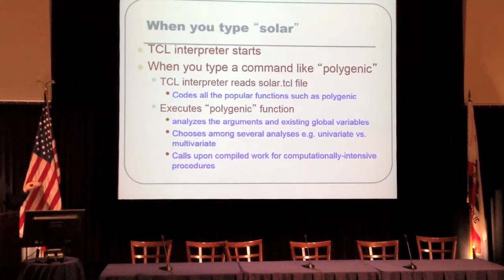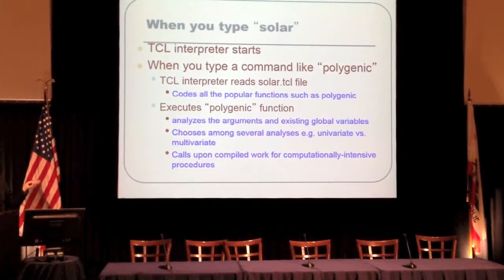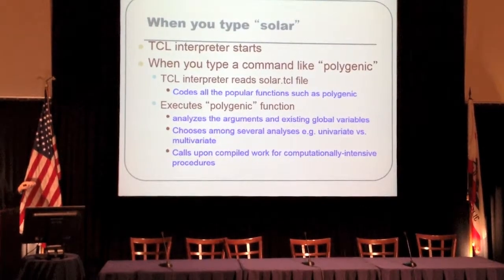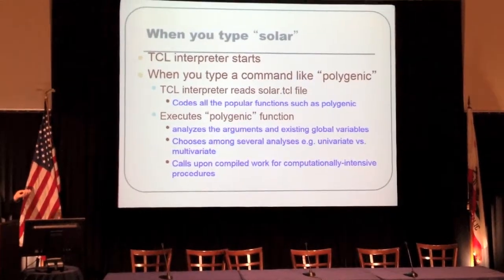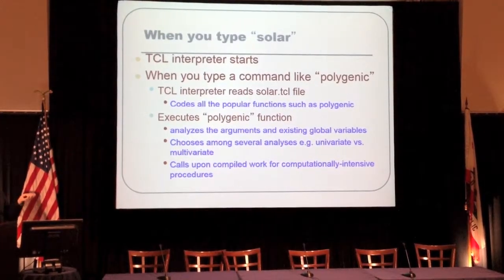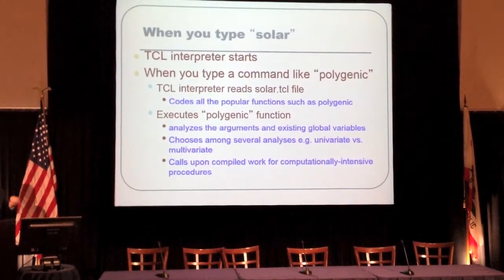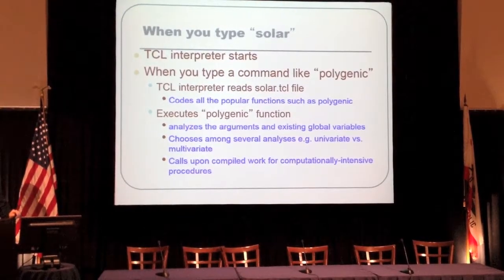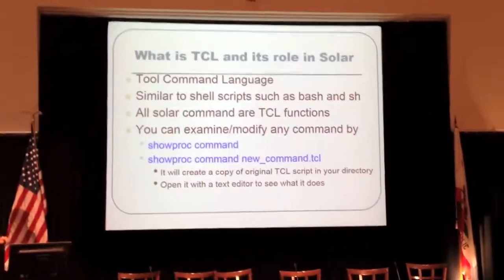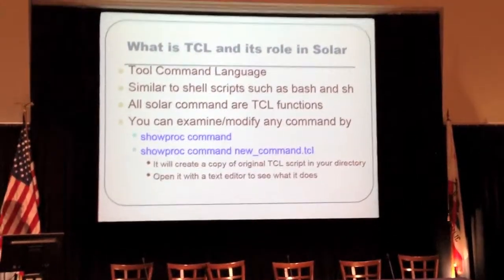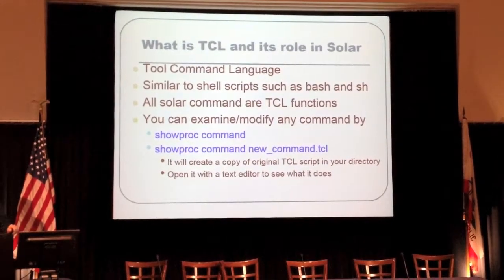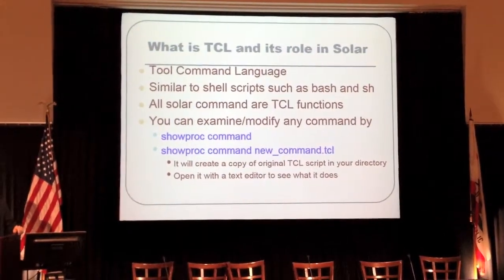So this polygenic function basically analyzes the arguments and existing global variables. Then it chooses among several analyses, such as univariate or multivariate, and calls upon compiled code for computationally intensive procedures. Very straightforward. For those of you who don't know, TCL is an interpreted language that was quite popular until maybe about 5 or 7 years ago.